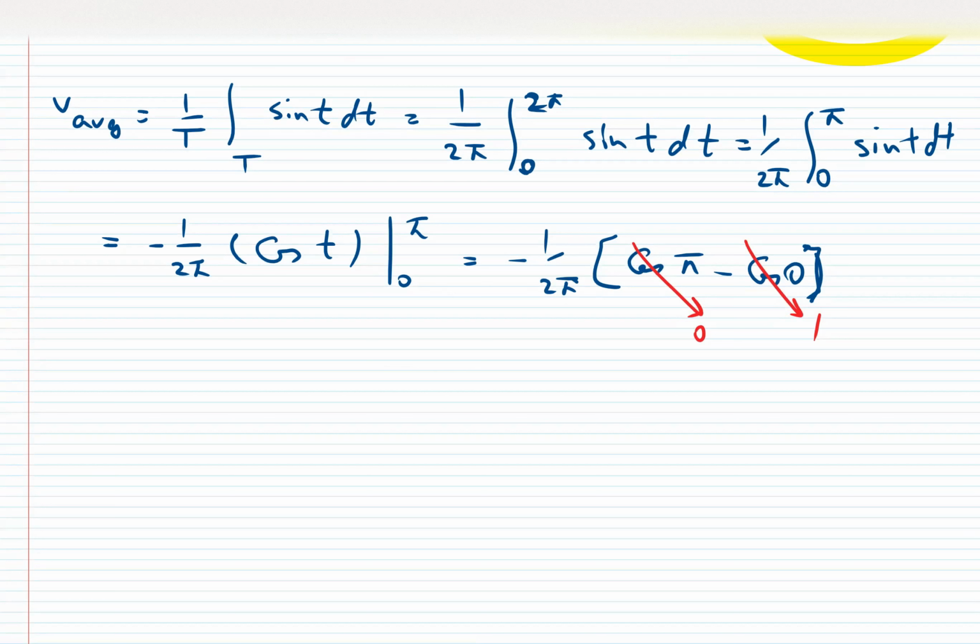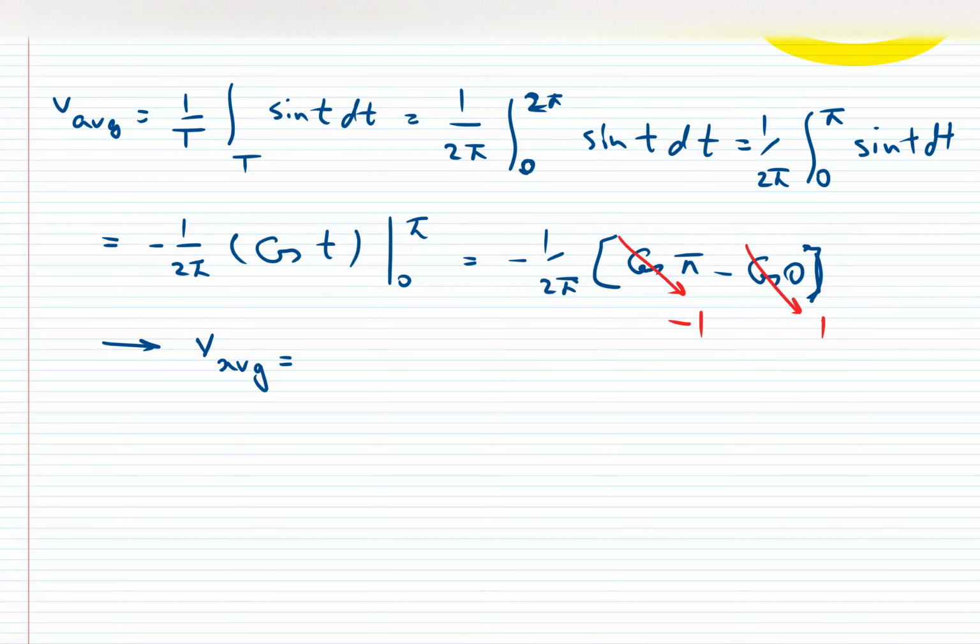So we can say the average is equal to, cosine of pi is negative 1, and cosine of 0 is 1.